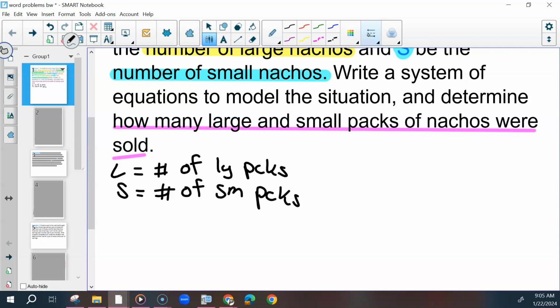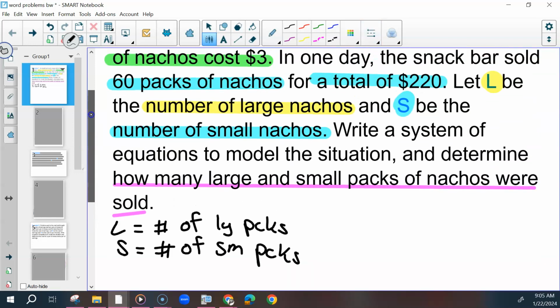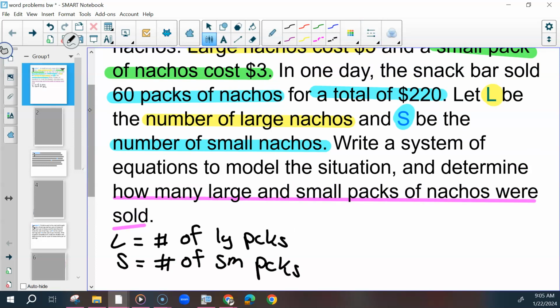Then once we have our variables defined, we can set up our equations. Anyone want to take a guess as to how we might set up one? Totals, which means we're going to be doing what operation?